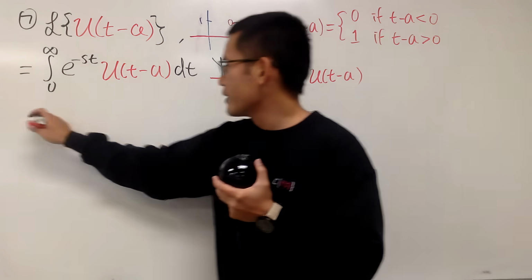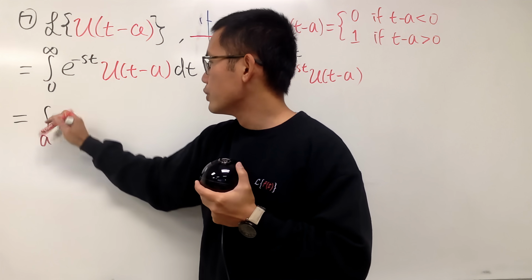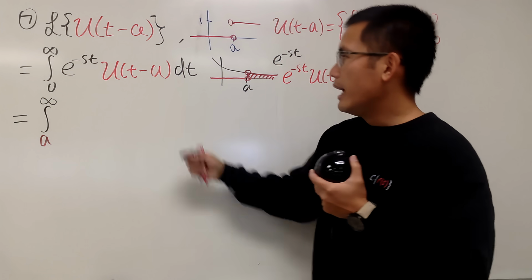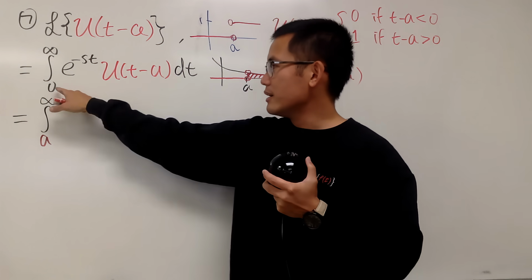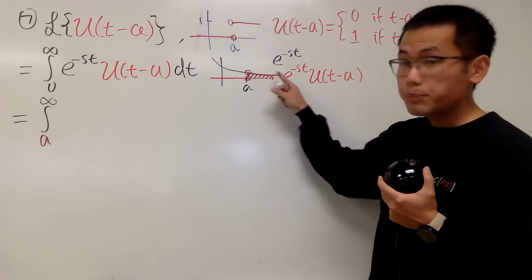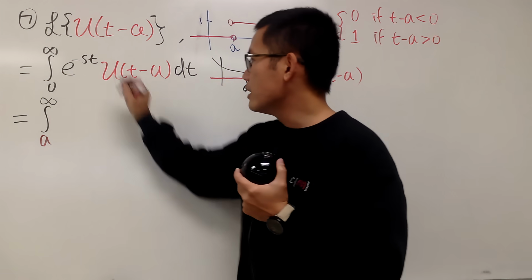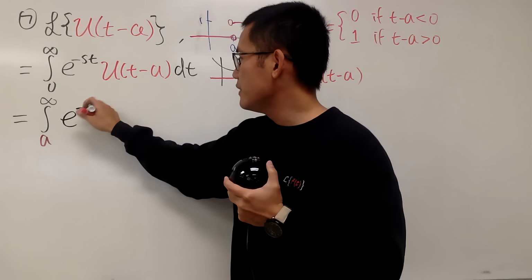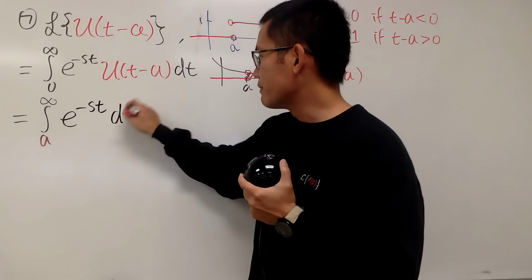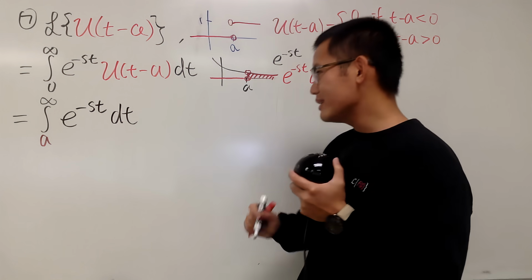So we just integrate from a to infinity. This portion is the same as the original, so I can write e to the negative st, and then dt.